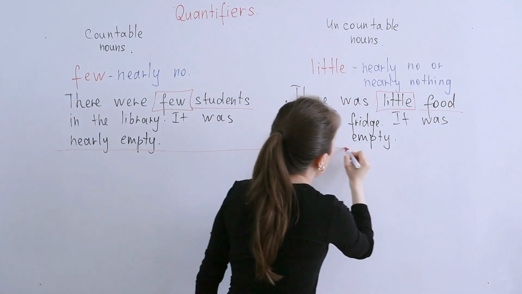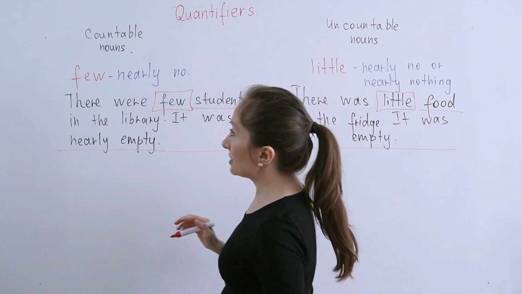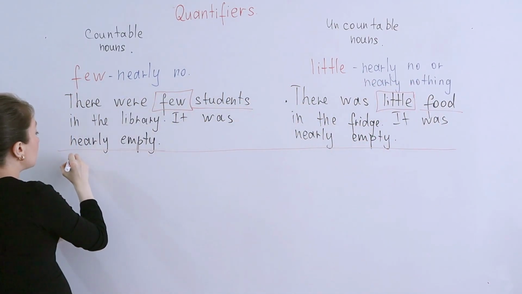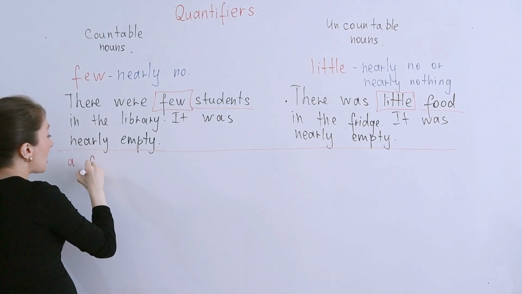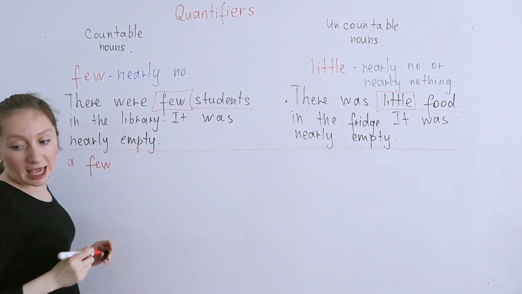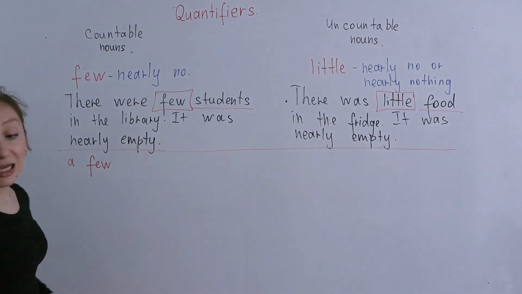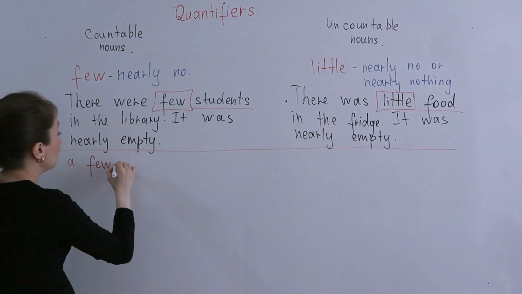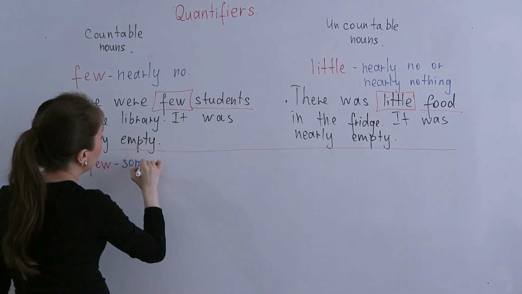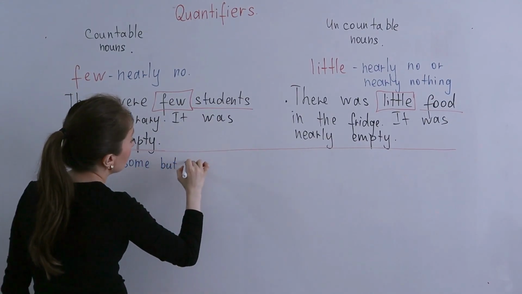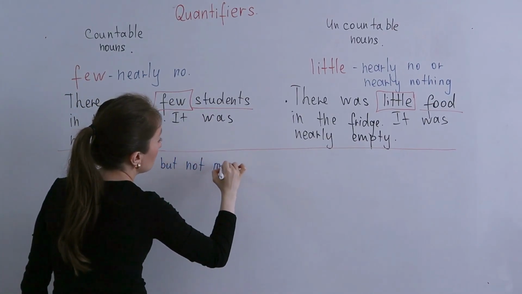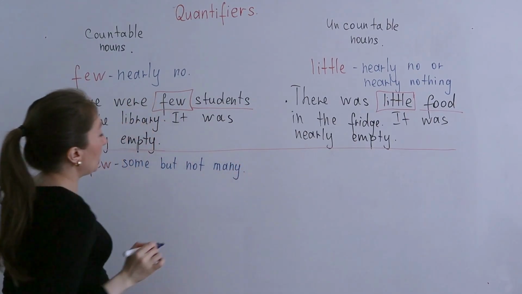We have some other quantifiers. Now we'll talk about a few. A few means some but not many.